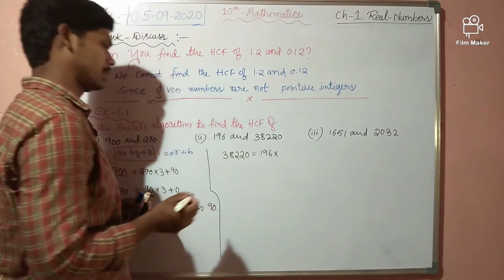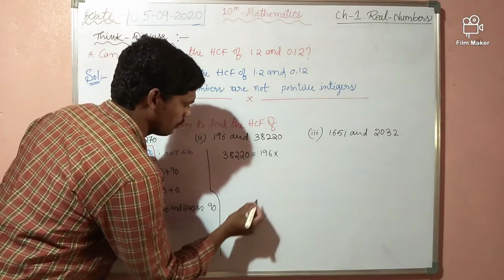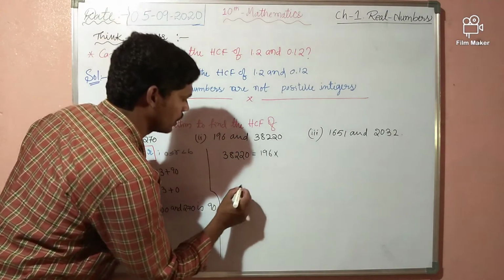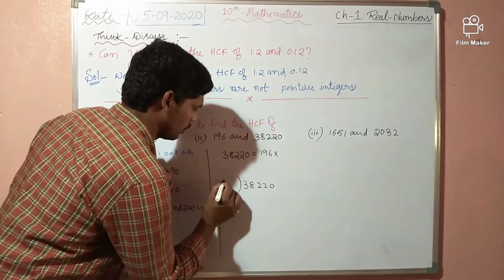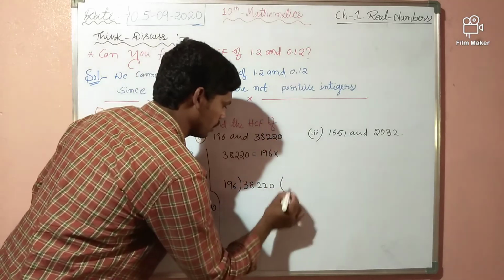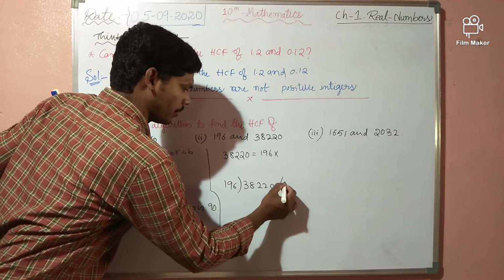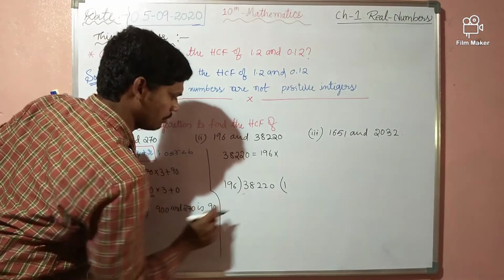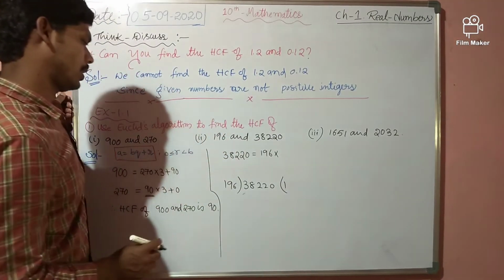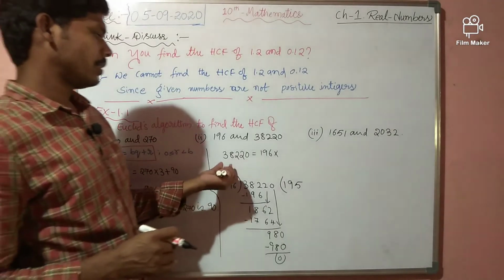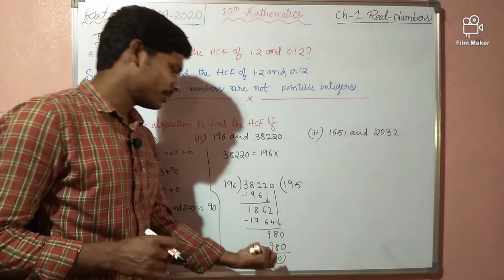If we find the GCD of this one, then we can easily write this Euclid's division lemma. 38,220 is a fairly large number, so you can do the division on the side.